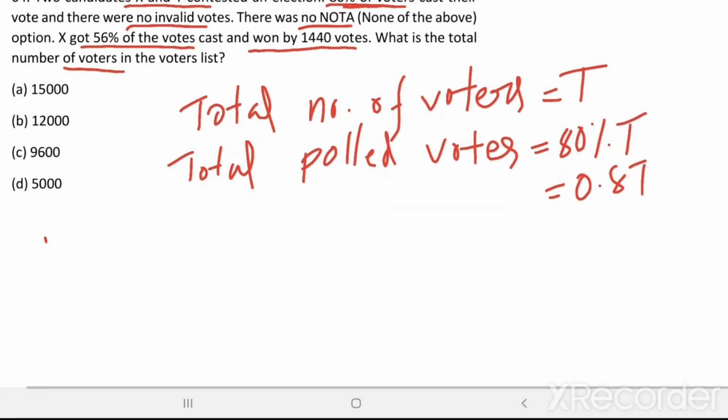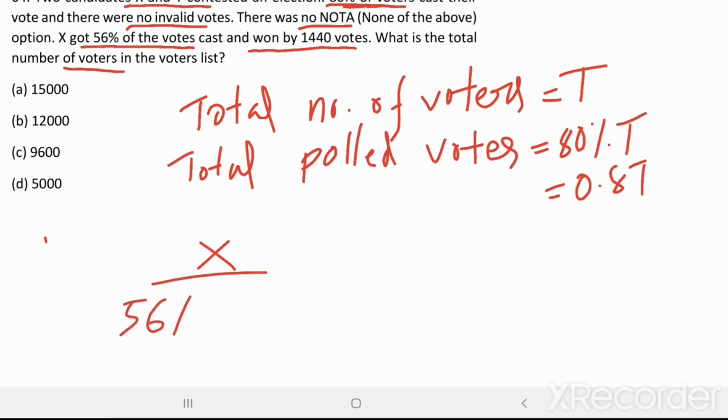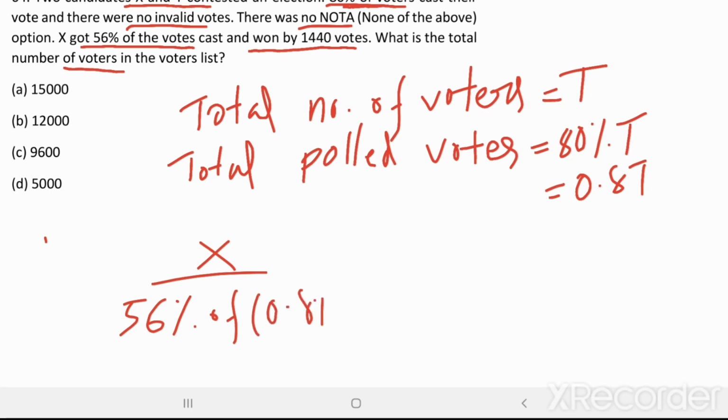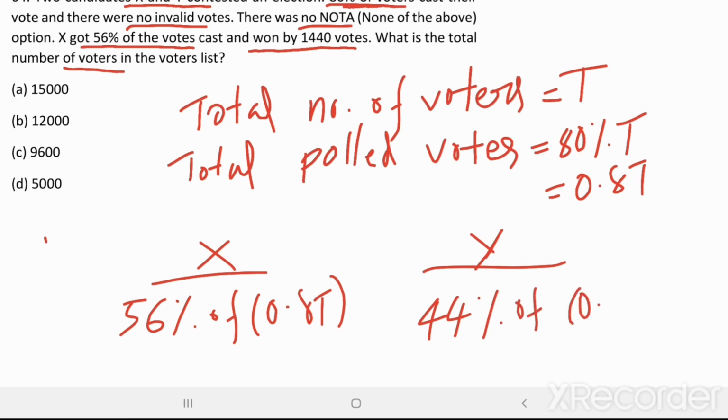Then X got 56% of total polled votes, that is 0.8T. Then the remaining 44% of 0.8T won by Y.